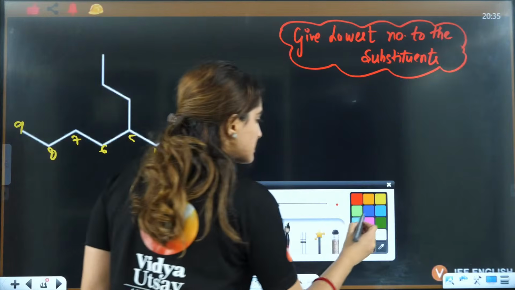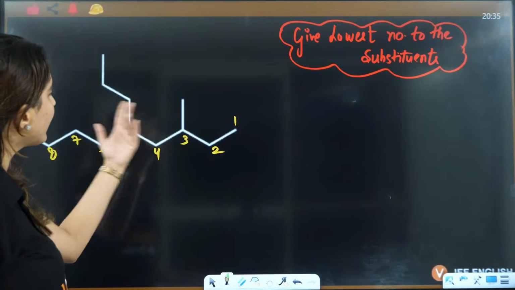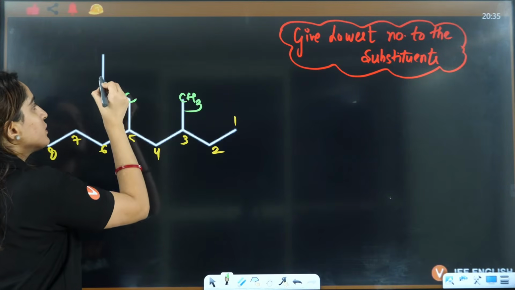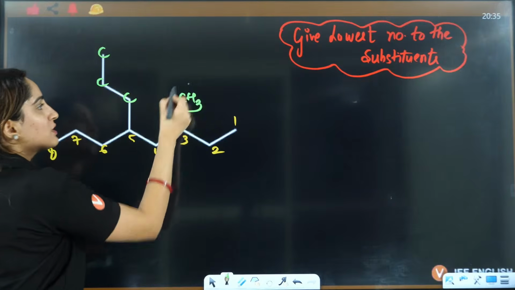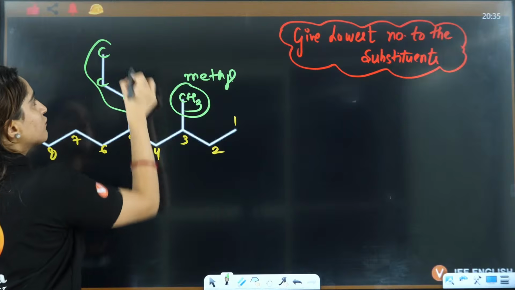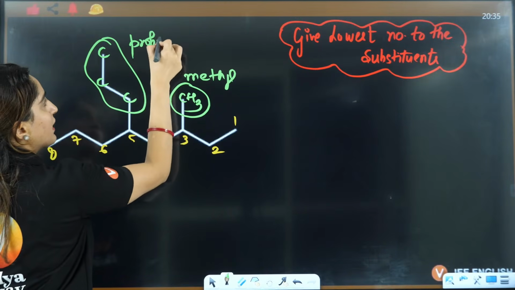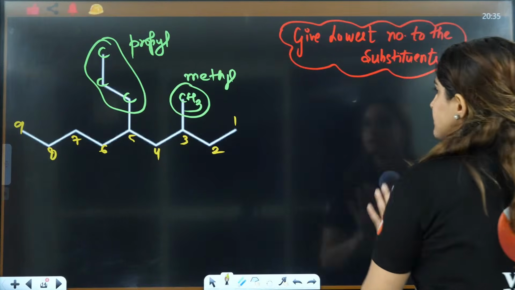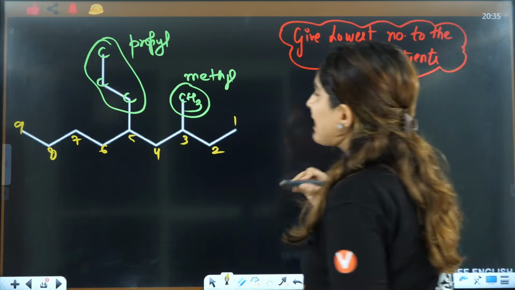So if you see this here, that is going to be 3-methyl. This is CH3. This is 1 carbon, 2 carbon, 3 carbon. So this one will be propyl. So the answer here is going to be methyl or propyl.